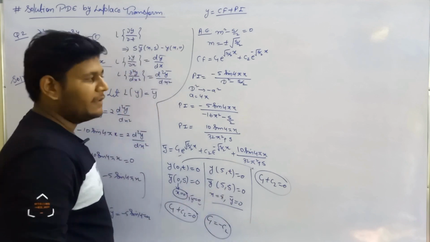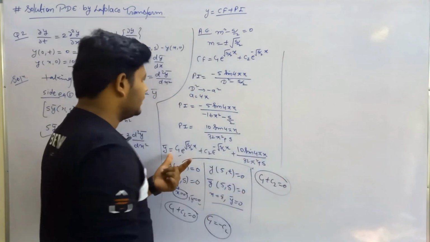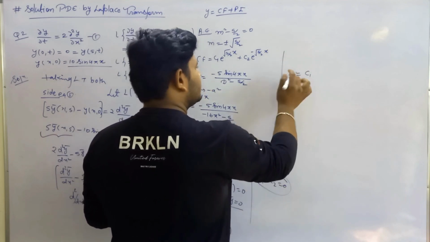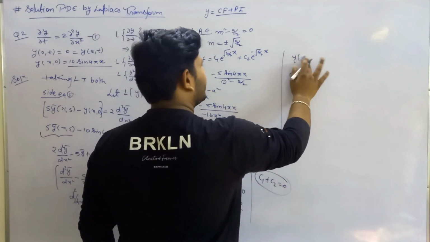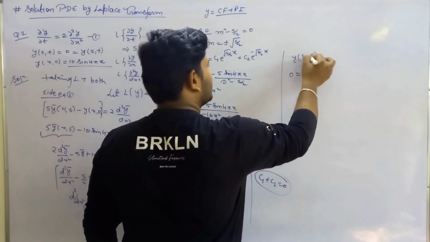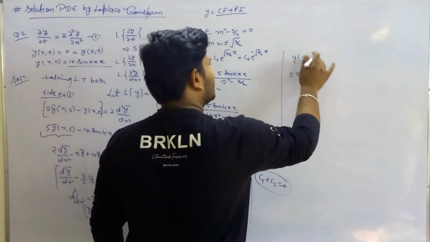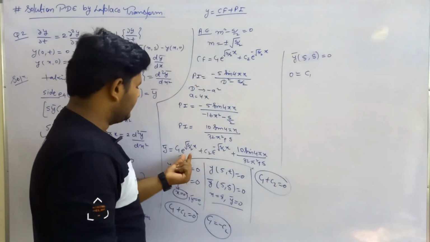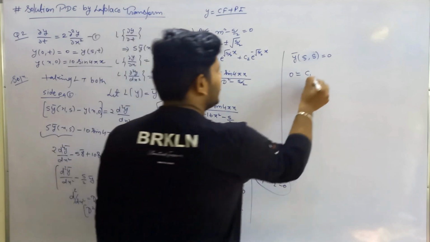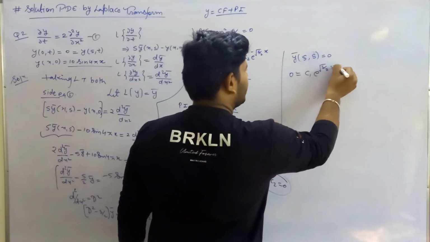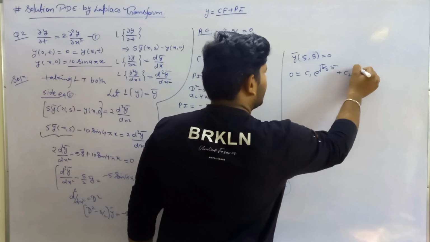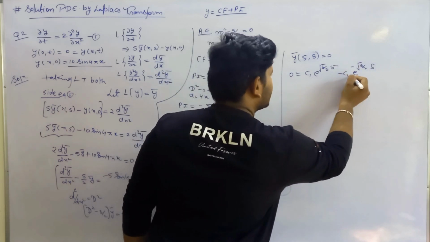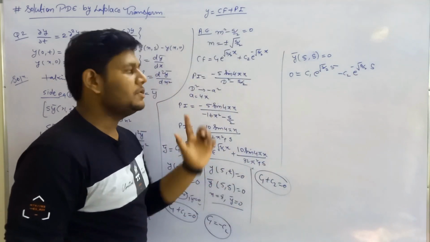On putting this IVP like this, if I put y bar equals 0 for this IVP, 5 s, okay, it is s equals 0. Okay, 0 c1, see here, it is nothing but e to the power root of s by 2 into 5 plus c2 e to the power root of s by 2 minus 5, or c2 is nothing but minus of c2, and this term will be 0.